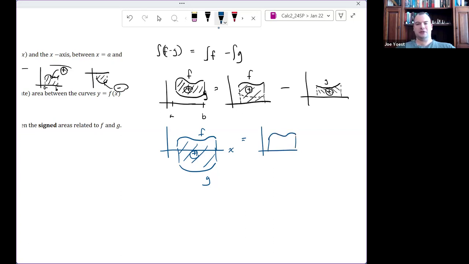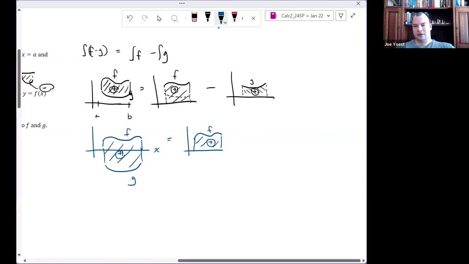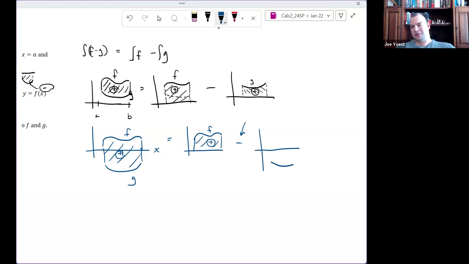But if I look at integral f, that comes in with a positive sign. And then minus integral g. But integral g, sorry, is the signed area.